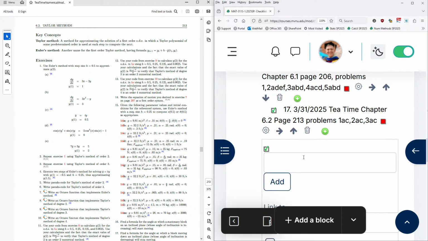Then 2 says, do it again using a Taylor method of order 2. You'll do those just like what we just did. Then do it again for part 3 with Taylor method of order 3. So you're just doing what we just did, but with these two differential equations instead of what I had here.